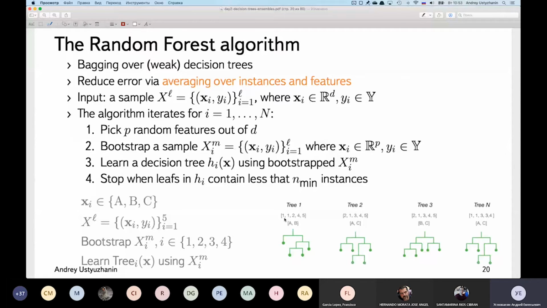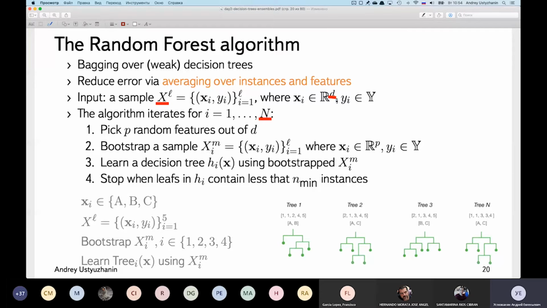So the algorithm is the following. We have a training sample XL here, and we iterate several times. This n is picked rather arbitrarily. We pick p random features out of all d features in our dataset.